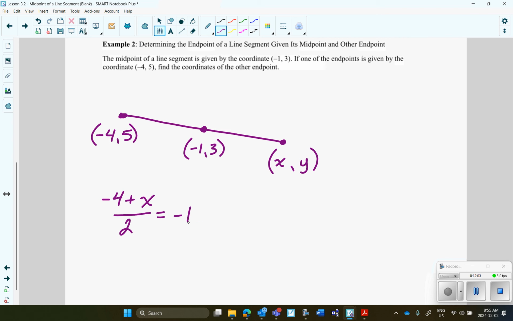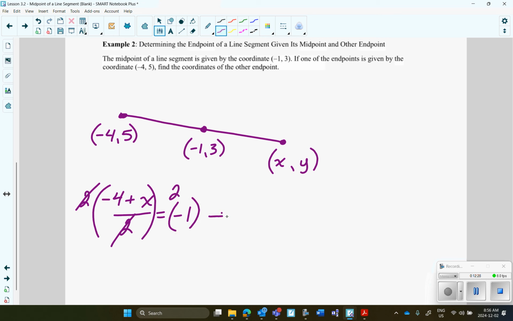And let's solve it. It's a fraction equation. First thing we do is get rid of the fraction by doing what? How do I get rid of divide by 2? You multiply by 2. Which means you have to multiply this side by 2 as well.